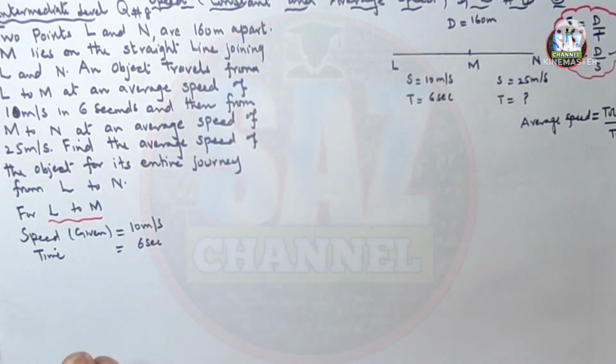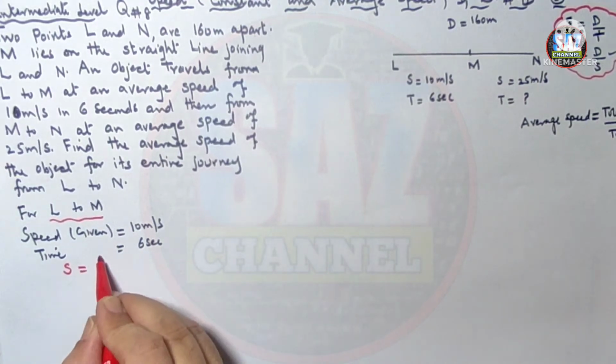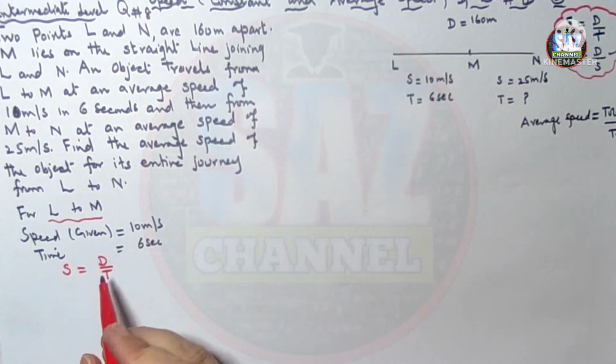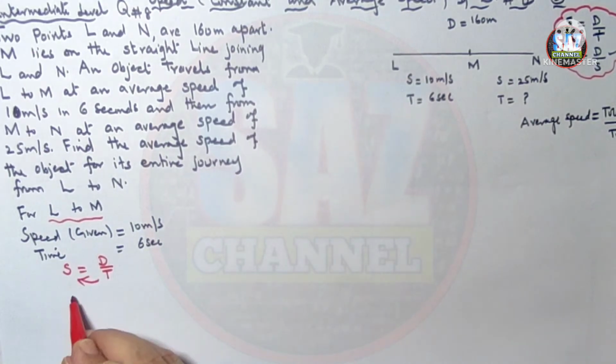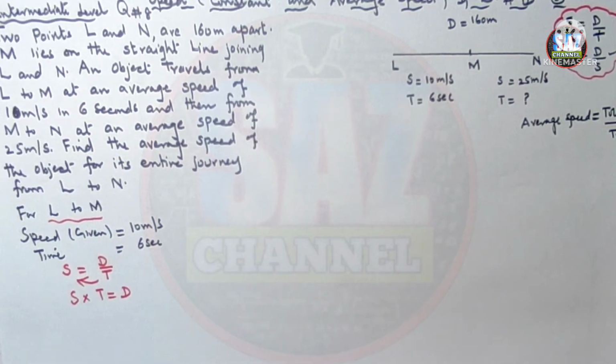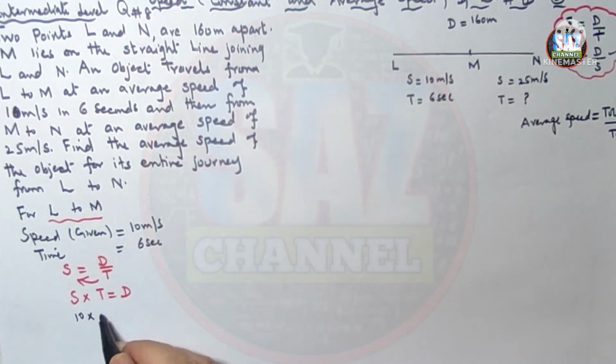As we know that speed equals distance traveled upon time taken, and we need to find the distance. So speed multiplied by time is equal to distance. So 10 multiplied by 6 is equal to distance.